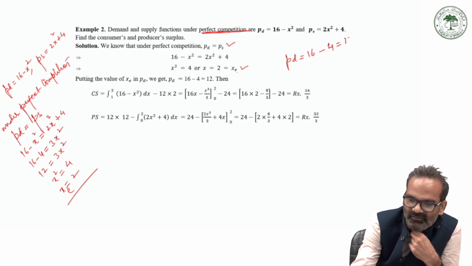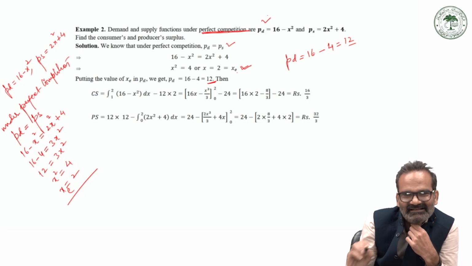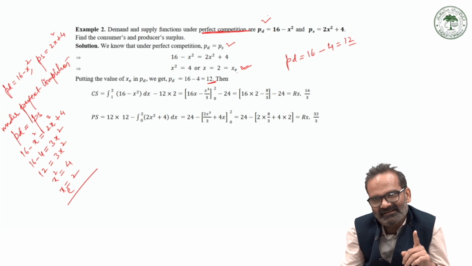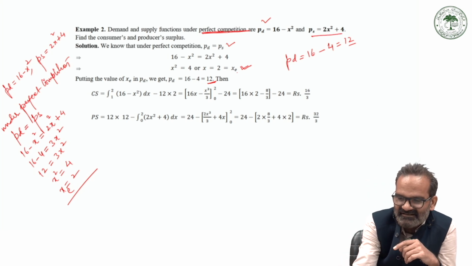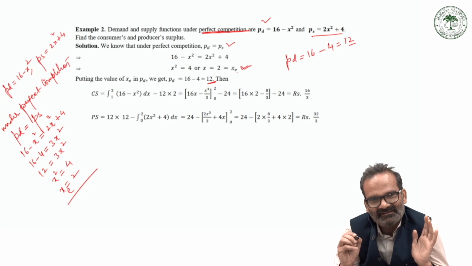It is coming out to be 12. And this is your 12. So PE is there, XE is there, the demand function is there. You can very easily determine the consumer surplus. And the supply function is there. You can very easily determine the producer surplus.